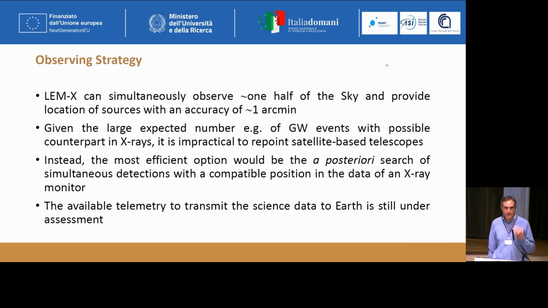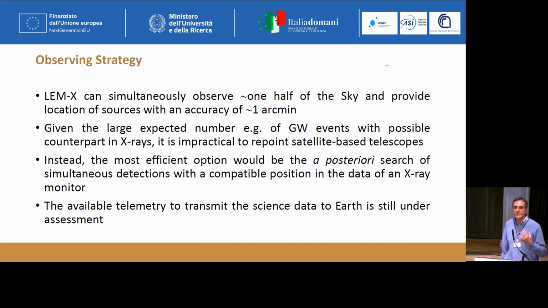Now the observing strategy. I have told you that we want to observe about half of the sky in order to provide the image of sources. Since from simulations of gravitational waves, the expected number of events in gravitational waves is extremely large with the new and improved instrumentation for gravitational waves.